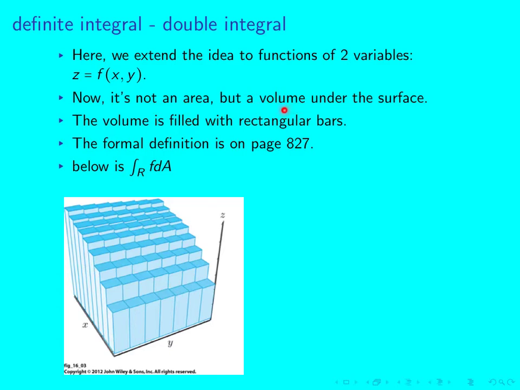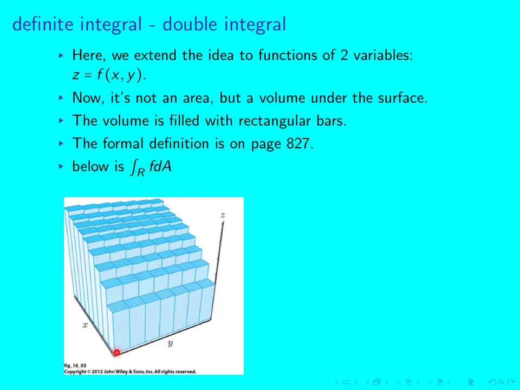I think of this volume as being filled with many, many rectangular bars, and the areas of the bases get smaller and smaller, and as I do that, I get more and more rectangular bars, and in the limit, as the area of the regions in the bottom goes to 0, I get the actual volume.